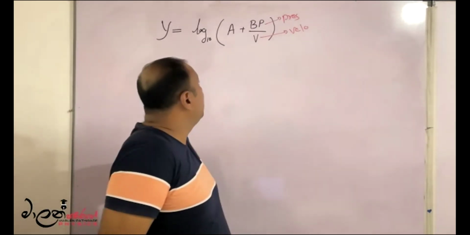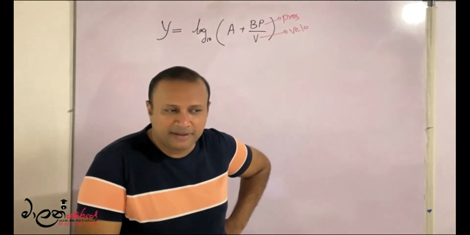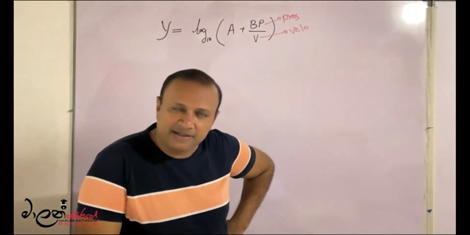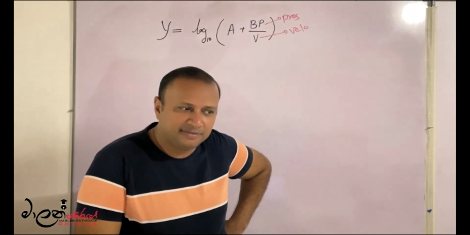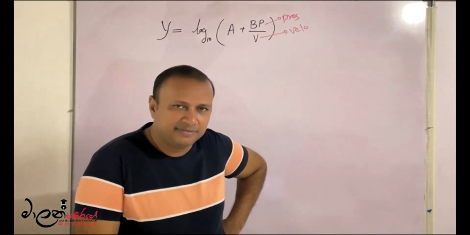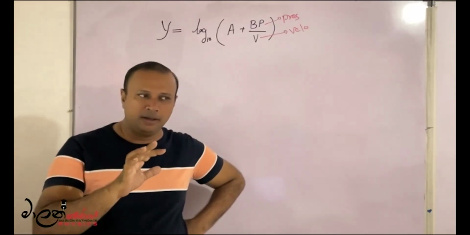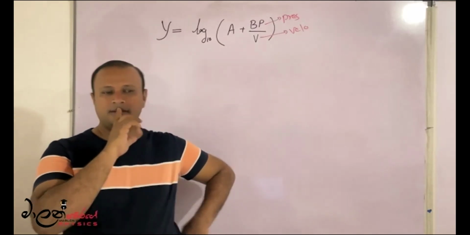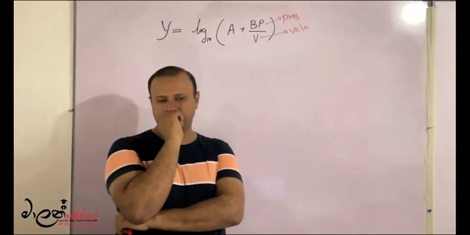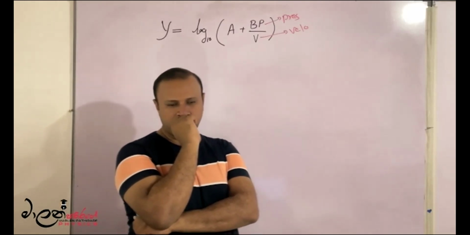You said the dimension of A is 1, no? Yes, sir. When terms are added or subtracted, they have similar or equal dimensions, right? So with that, we can say the inside function of the log is a number.